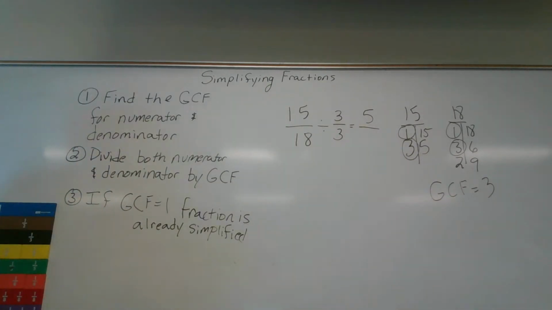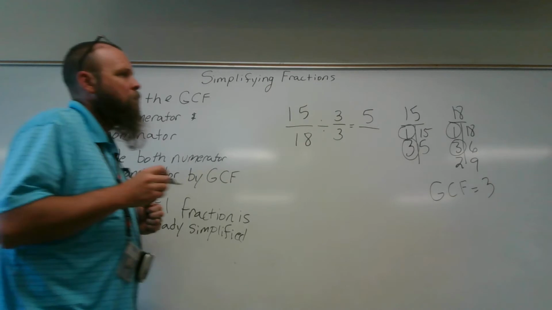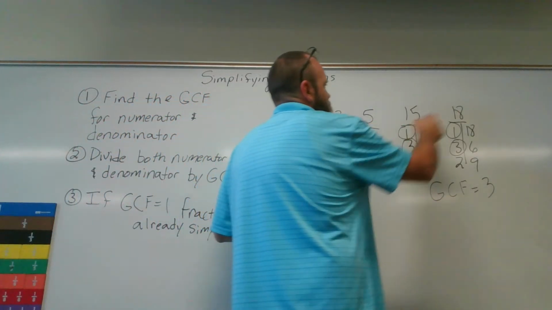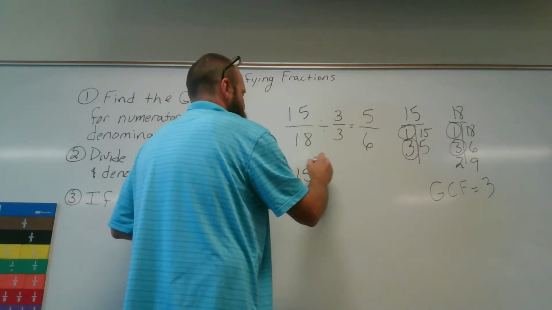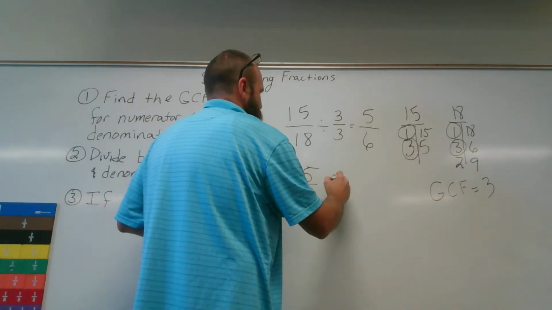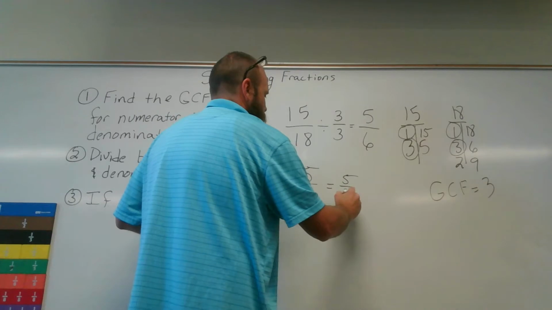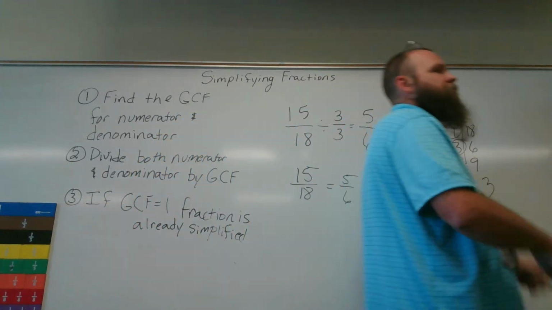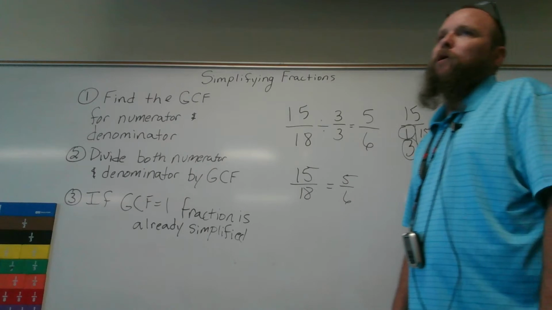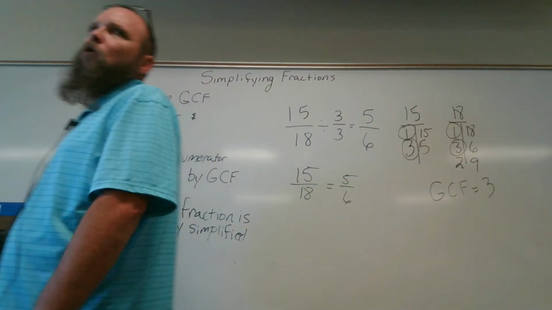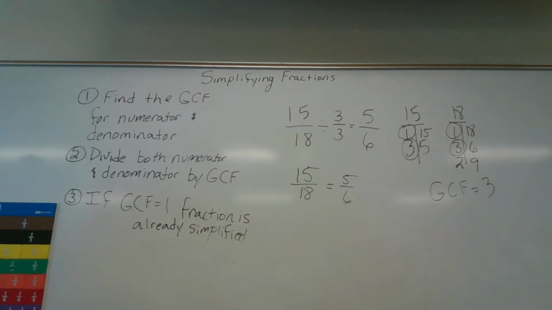And Kayla, what is 18 divided by 3? 6. Because 18 divided by 3 is 6. So now 15/18 is equivalent to 5/6, the same value. If we changed both of those to a percent, it would equal 83.33333333, and the 3 would go on forever.